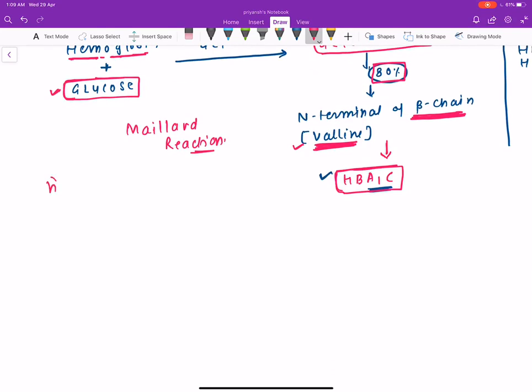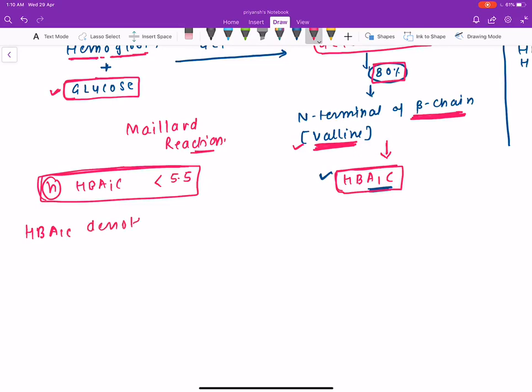The normal HbA1c level is less than 5.5. HbA1c provides us the average glucose level of 8 to 12 weeks. HbA1c denotes average blood glucose of 8 to 12 weeks.